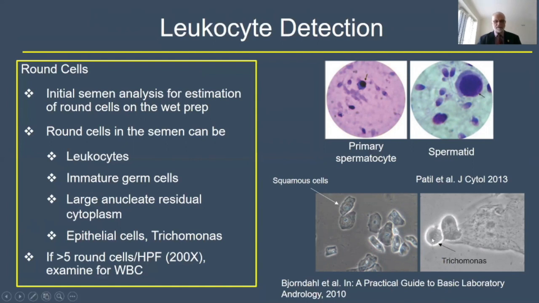You cannot really distinguish between these specific cells and active leukocytes. So we need to get to the bottom and clearly identify leukocytes. This examination for round cells is a first indication, and if there are more than 5 round cells per high power field, then we need to check for white blood cells or leukocytes.